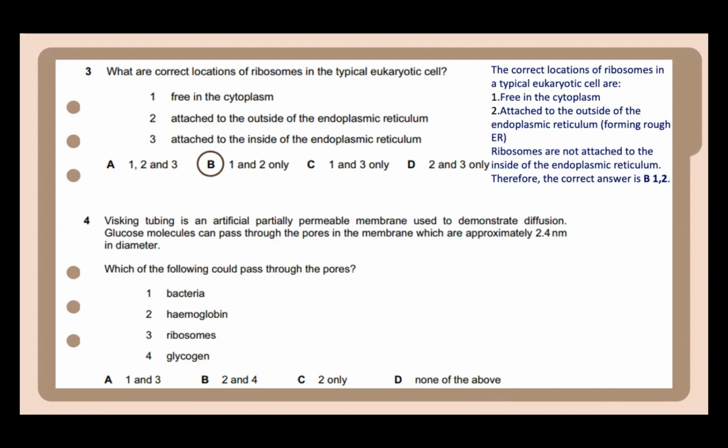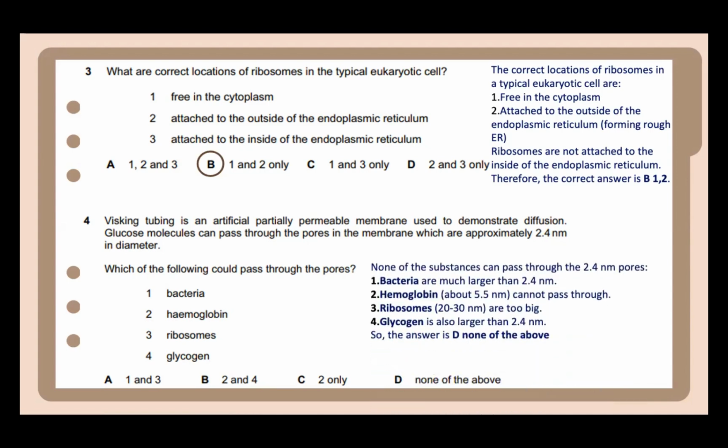Visking tubing is an artificial partially permeable membrane used to demonstrate diffusion. Glucose molecules can pass through the pores in a membrane which are approximately 2.4 nanometers in diameter. Which of the following could pass through the pores? None of the substances can pass through the 2.4 nanometer pores.